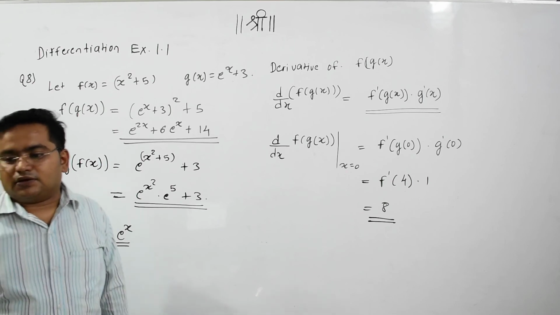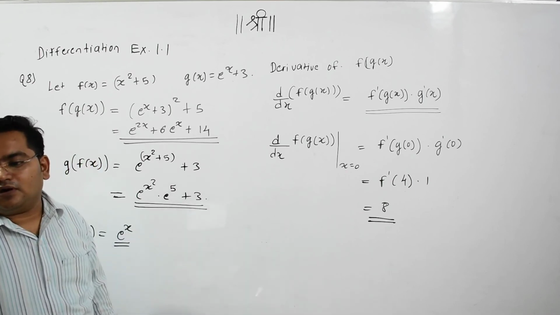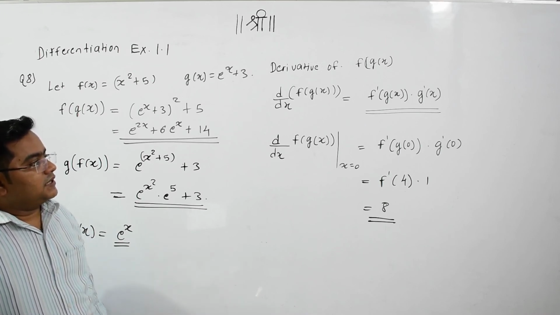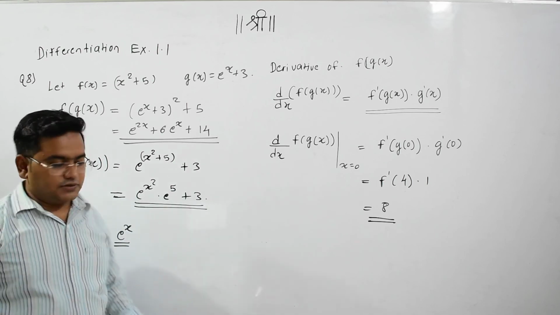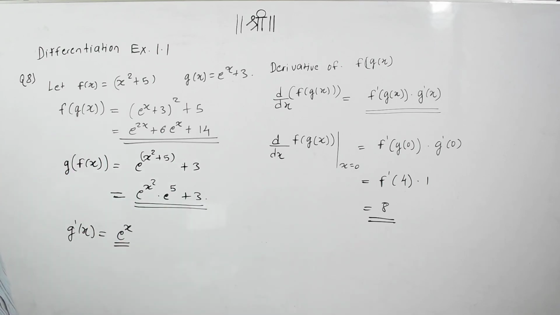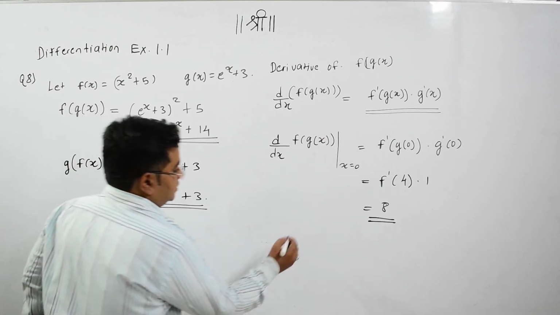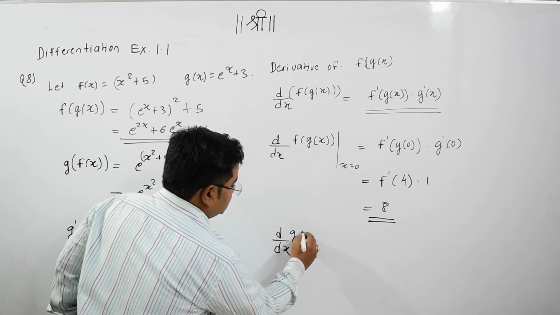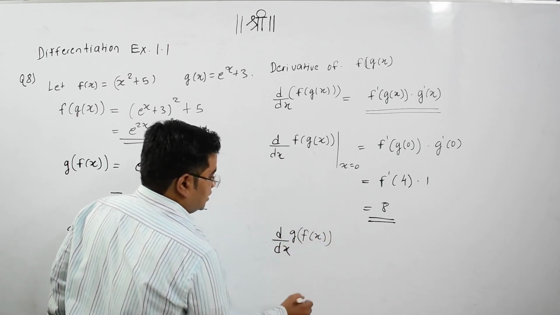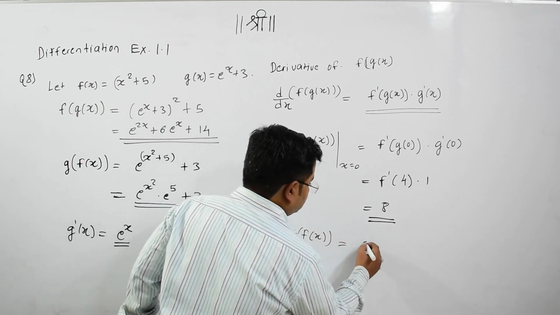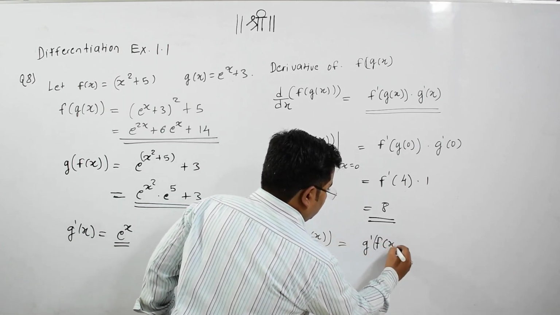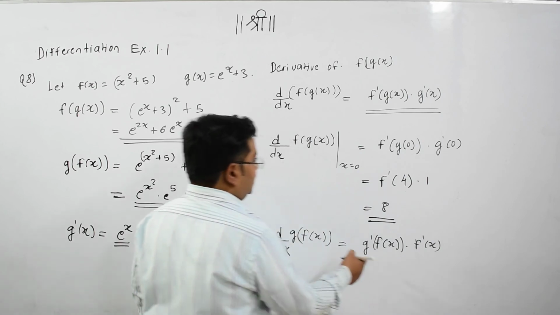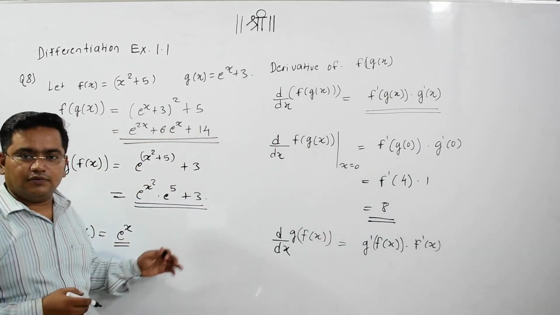And in the same way we can solve the question in terms of g of f of x. Okay, hope you got these answers quite interestingly. So I am finding up to this only. Look at these steps. Easily you can find out the derivative d upon dx of g of f of x, which is again equal to g dash of f of x dot f dash of x, and again perform the same task as I performed within this question.